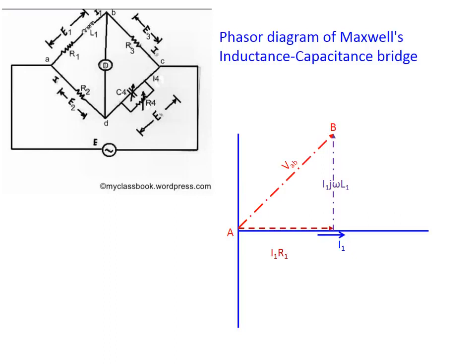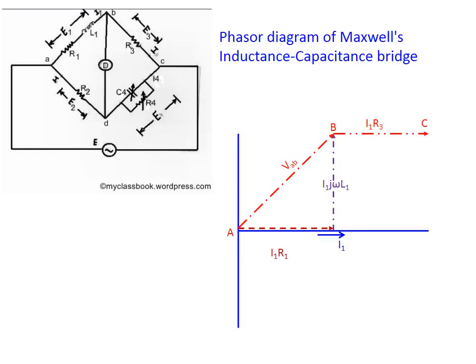From the circuit diagram of the bridge, it becomes evident the phasor sum of I1 into R1 and I1 into j omega L1 will be the branch voltage VAB. This has been shown by the red colored phasor VAB in the phasor diagram. When current I1 passes through R3, it will create a voltage drop equal to I1 into R3 in phase with I1.